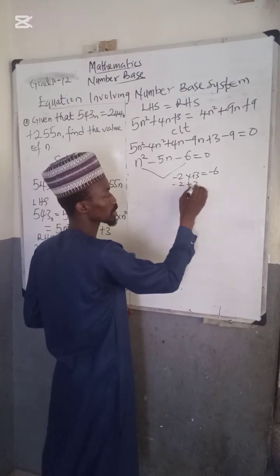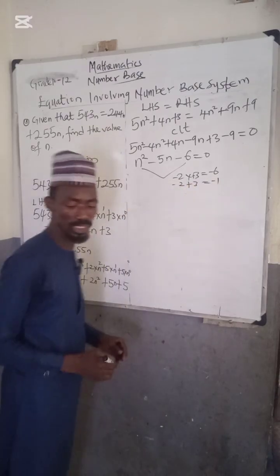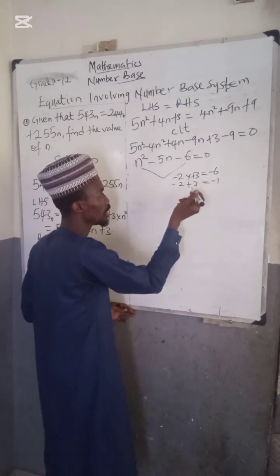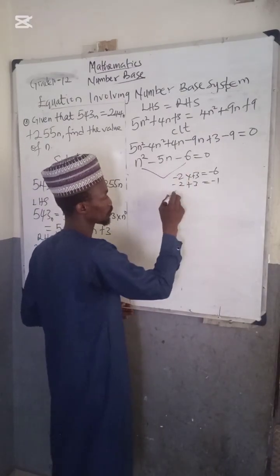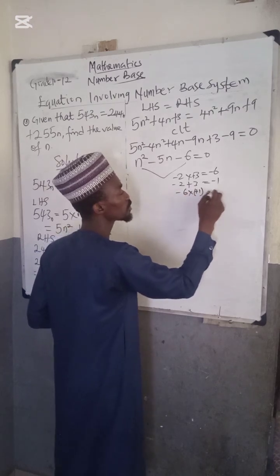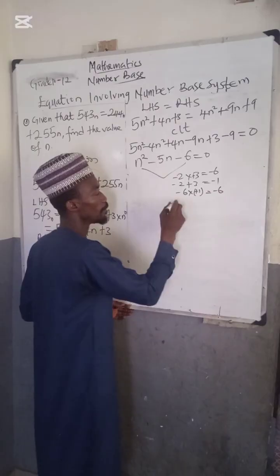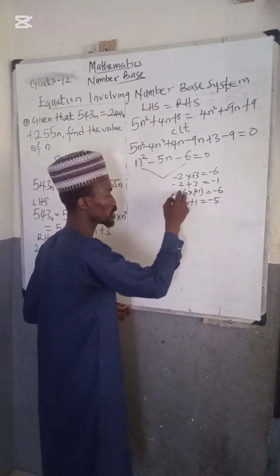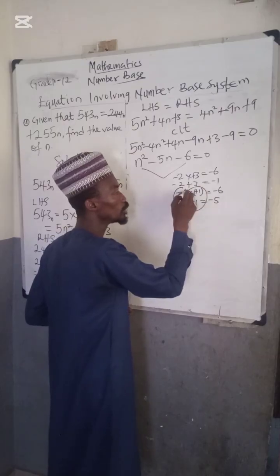Minus 2 plus 3 gives us 1. Therefore, we cannot use this. Let's try another factor of 6. Let's try 6 times 1. Minus 6 times plus 1 gives us minus 6. Minus 6 plus 1 gives us minus 5. So these are the two factors we are going to use.